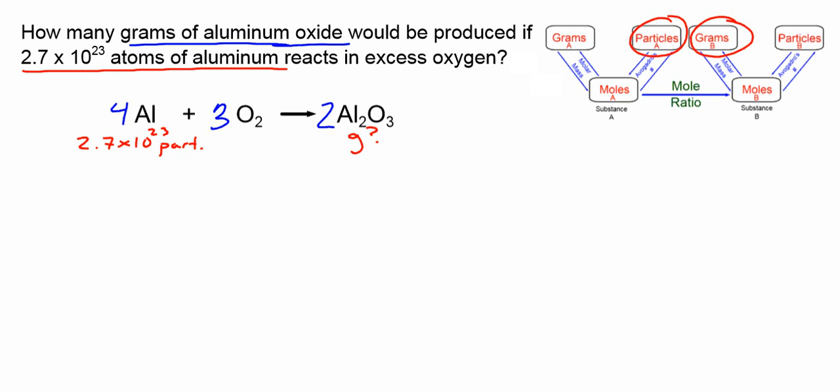So we always start with what we know. And what I know is I have 2.7 times 10 to the 23rd particles of aluminum. I have my number, I have my unit, and I have my label. If I'm in particles and I need to get the grams of the other substance, that is going to be a 1, 2, 3-step problem.